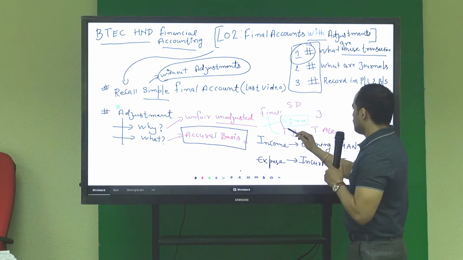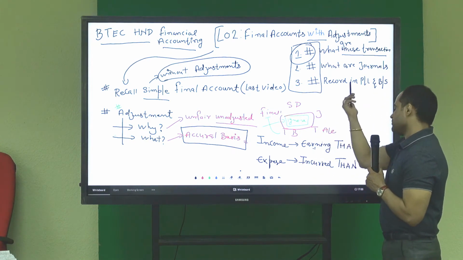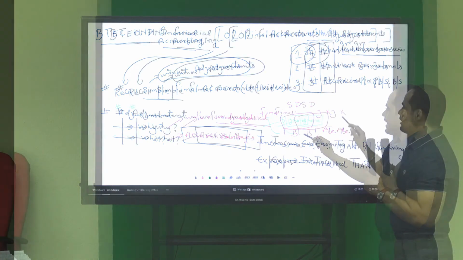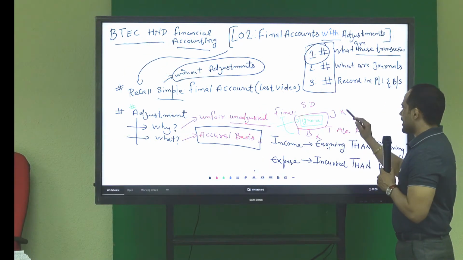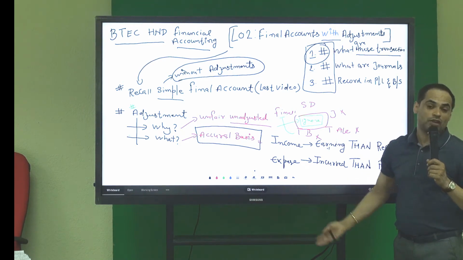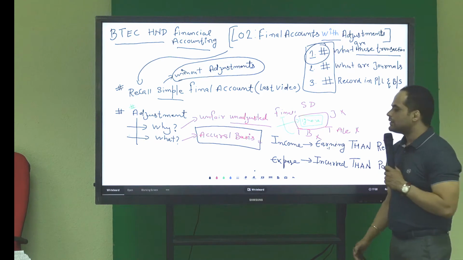We ignore them. Of course, we haven't recorded here, here, and here. We haven't recorded these transactions. Why? Because they occurred after trial balance. Of course, that's why we haven't recorded. Right?